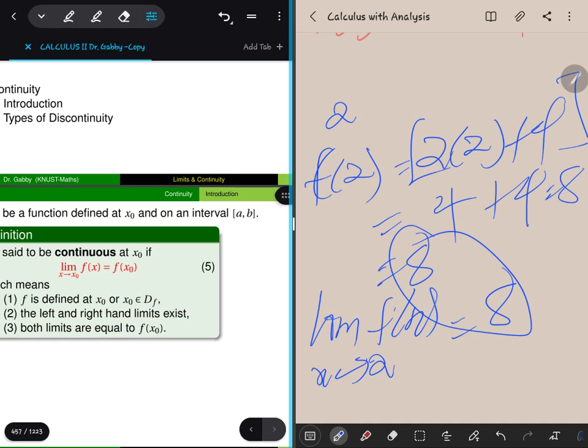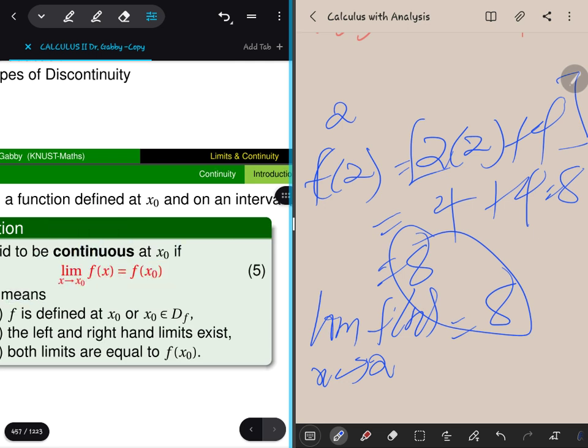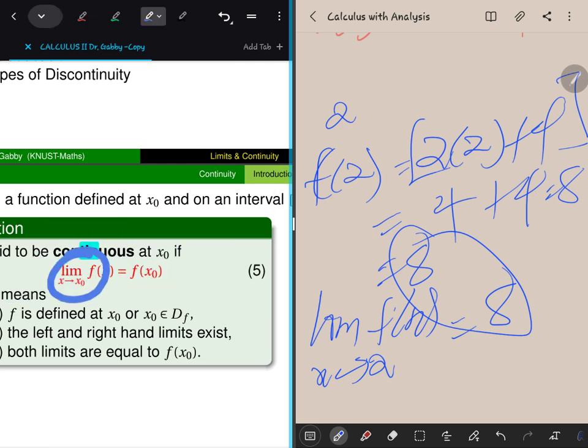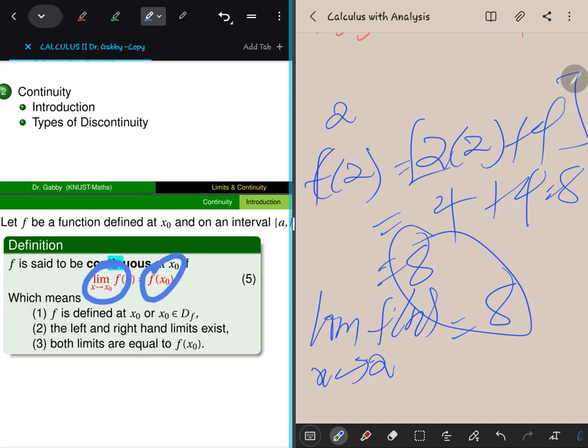That's all. So when you find the limit of the function, and it's the same as just putting that value that we're approaching, then it's actually continuous at that point, right?